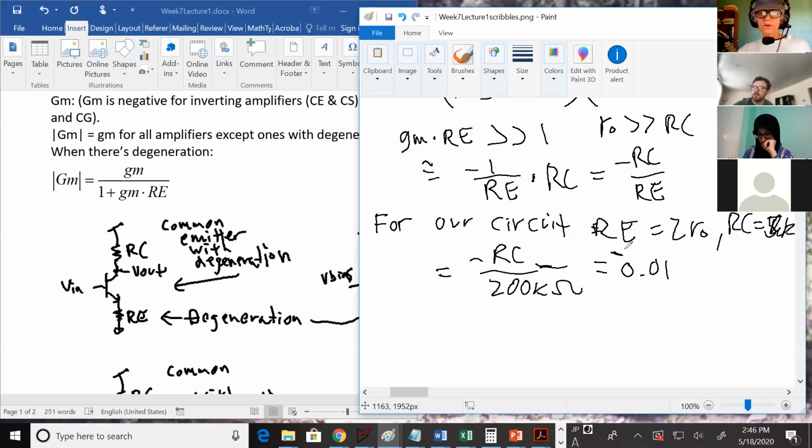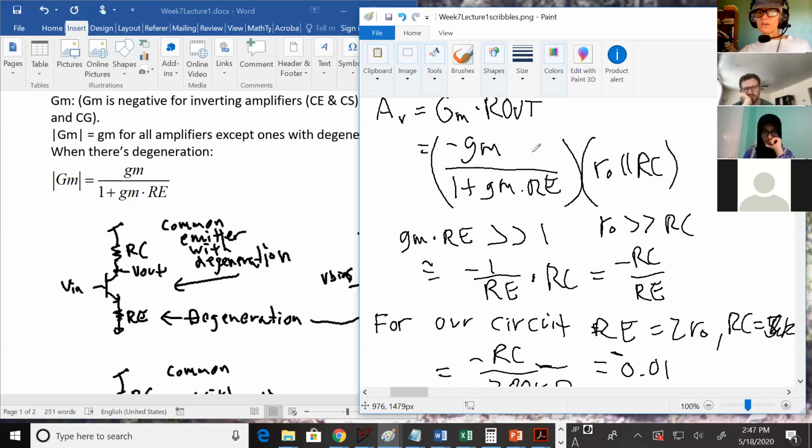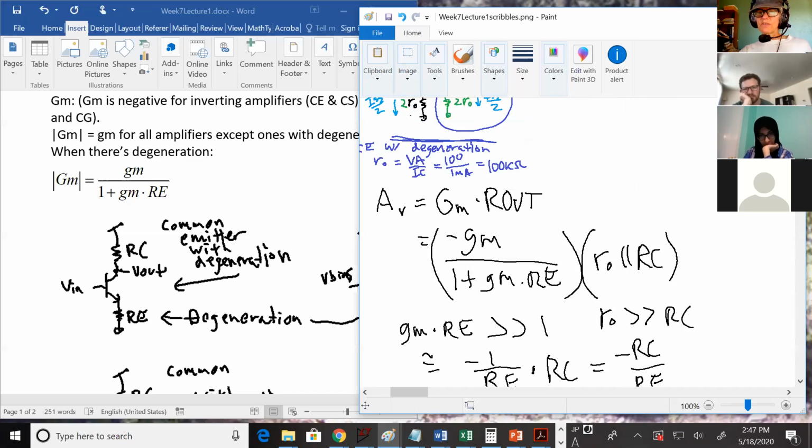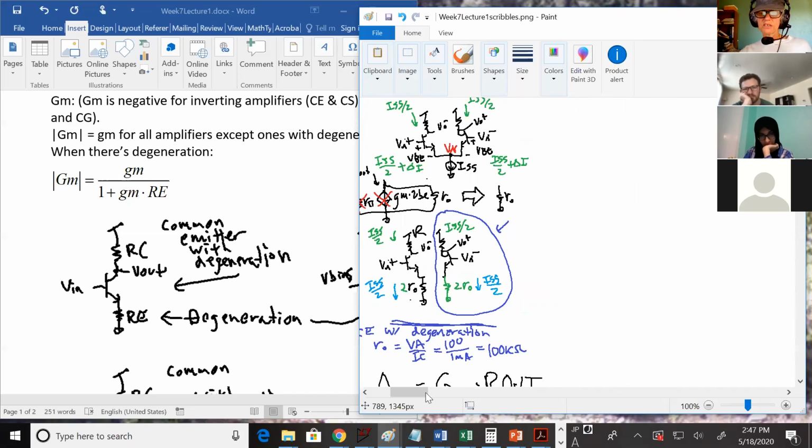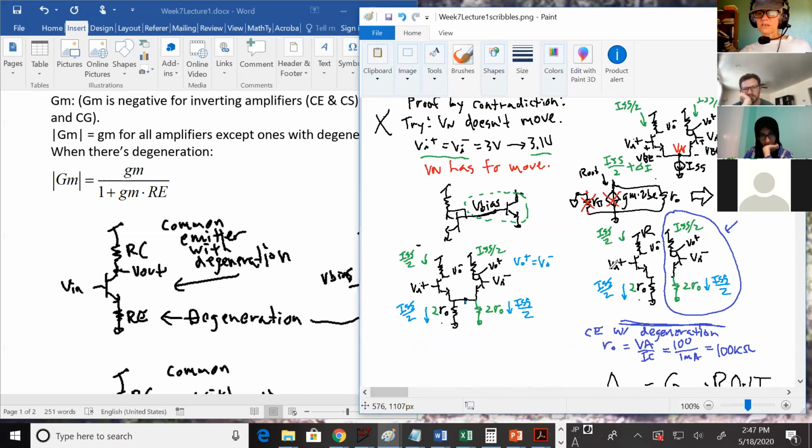Okay, so important points here: we used the GM for a degenerated circuit to come up with our gain equation, big GM times your R out. The other thing is that this half circuit analysis ended up with a common emitter with degeneration, which gives us an equivalent gain to our ACM gain.